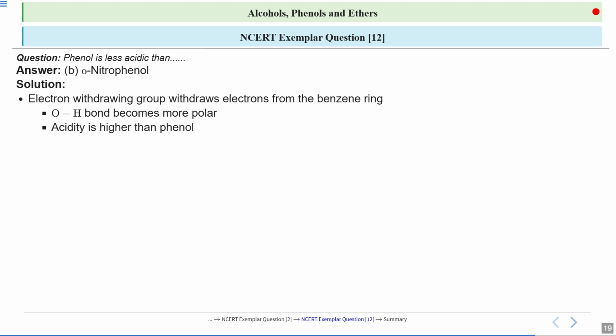That means the partial charge distribution, delta negative and delta positive between the oxygen and hydrogen becomes more. So acidity is higher than phenol.